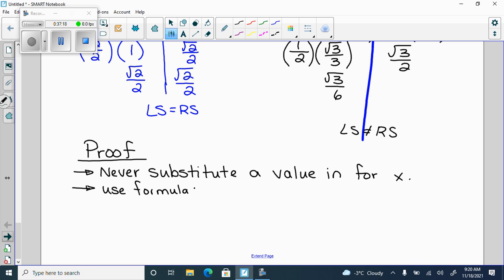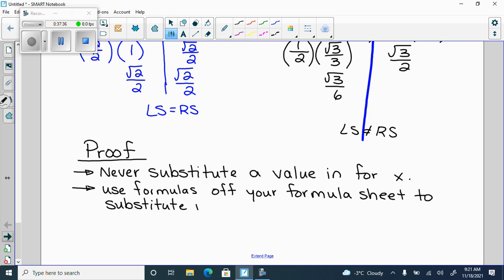In the real world it would be something else, but ours is the formula sheet. To substitute in, until the left side equals the right side. At no point do you fill a value in for x.